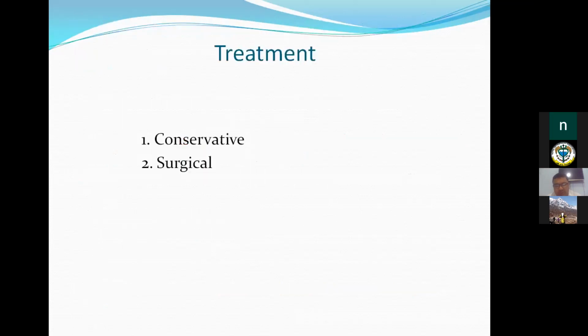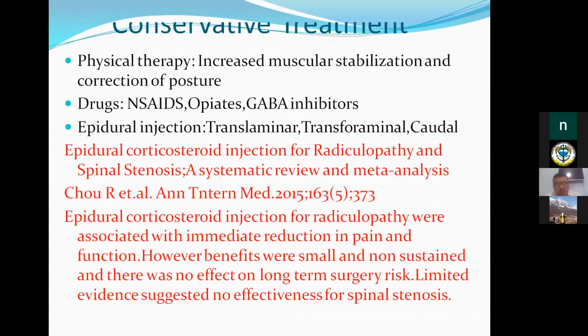Conservative treatment is basically physical therapy, drugs, and epidural steroid injection. The epidural steroid injection techniques are interlaminar, transforaminal, and caudal, but we orthopedic and spine surgeons usually perform the transforaminal epidural steroid injection. But what does the literature say?